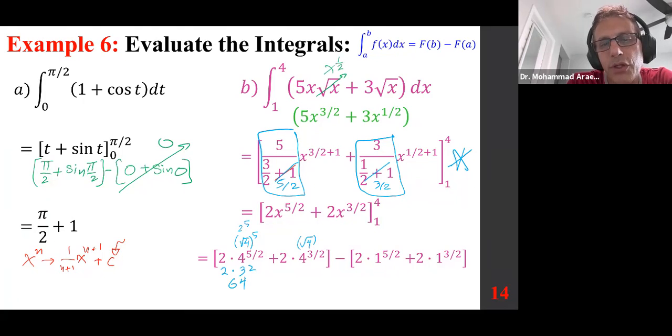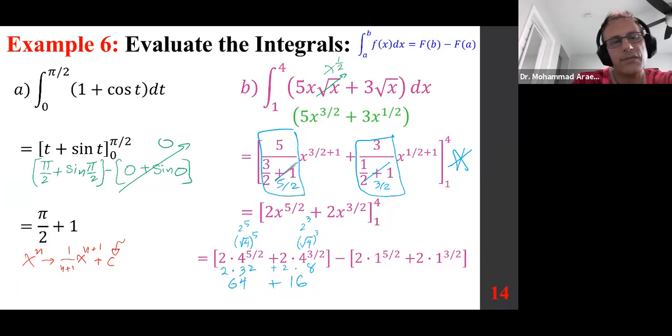Square root of 4 cubed, which means 2 cubed, which is 8. 2 times that is 16.